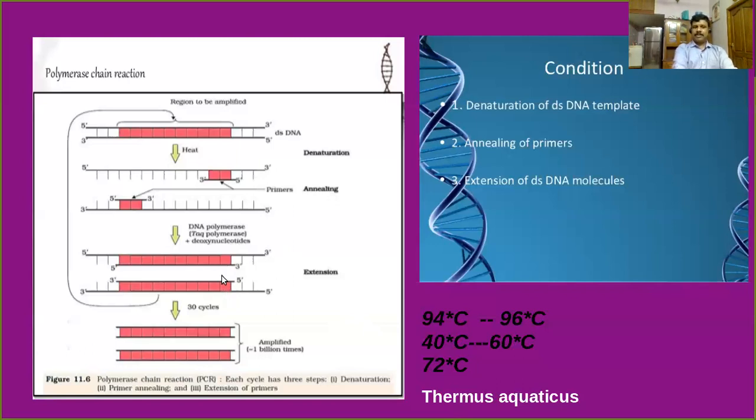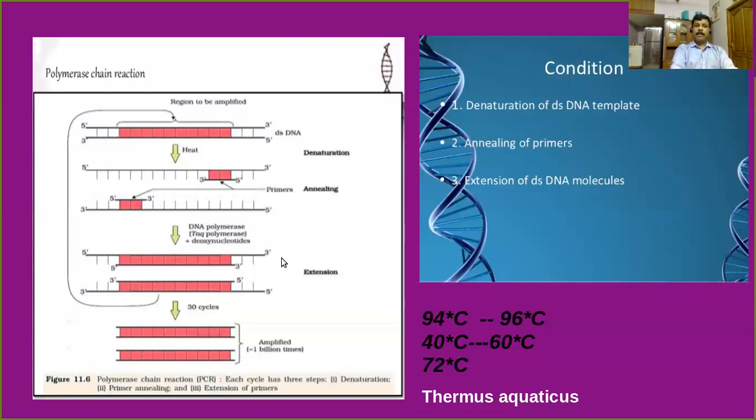You just imagine, students, we started from a single double-stranded DNA. As a result of the first cycle, what happened? That is converted into two double-stranded DNA, which are the same as the first one. After finishing billions of cycles, what happened?